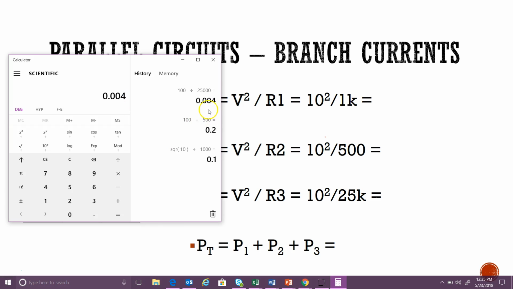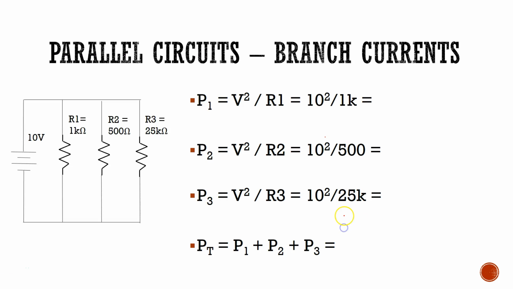So we have a total of 4, 100 and 200, so 304 milliwatts. If you know the total resistance, you can check that by 10 squared over the total resistance.